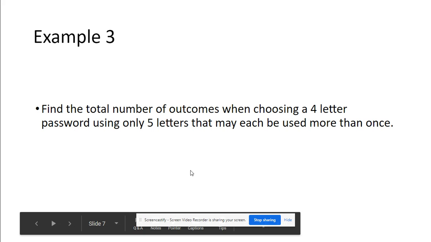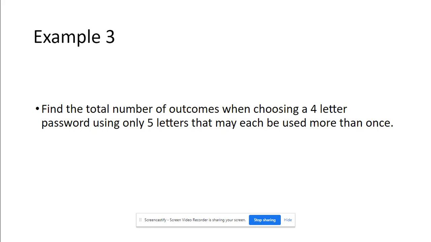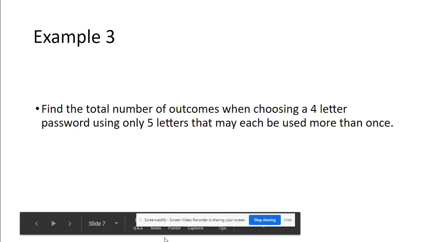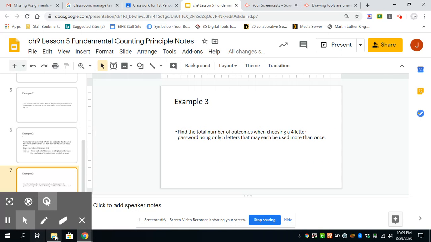All right, and then we have the last example: find the total number of outcomes when choosing a 4-letter password using only 5 letters that may each be used more than once. So what's going on in this example is that you have a password, and that password has 4 spots in it, right?